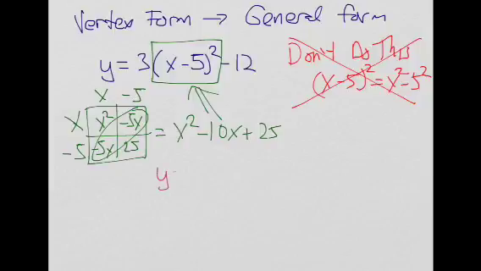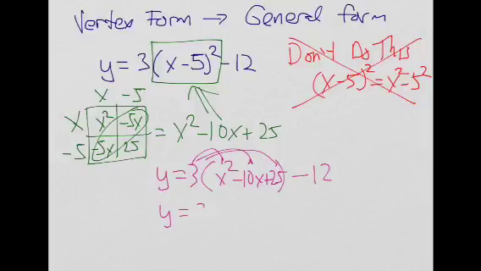Now, from this point, let's look at the rest of the equation. So we have y equals 3 times this square, minus 12: x squared minus 10x plus 25, and I just do my distributing. 3x squared minus 30x plus 75 minus 12.